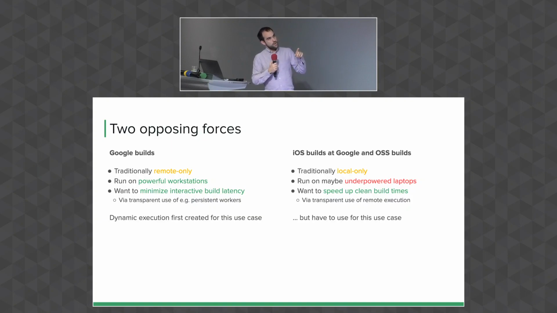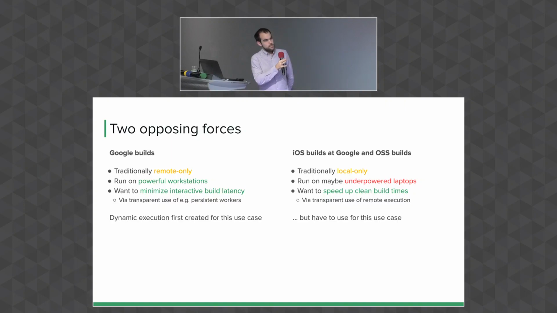Now, the problem is for our iOS builds, and actually for any build outside of Google, all the open source builds and all builds you might have, they are probably different, right? They have been traditionally local only. You might be running them from machines that are not as powerful as a workstation. And the goal there is to make sure that clean build times are better by using remote execution, as we were seeing.